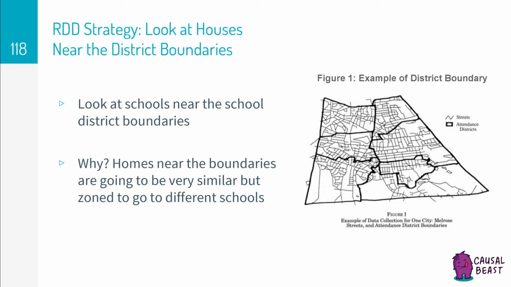In the United States, children go to the school based on the location of their home. There are attendance zones which demarcate the homes which are designated for a particular school. And basically, the idea of Black's study was to compare houses on opposite sides of a common primary schooling attendance district boundary.